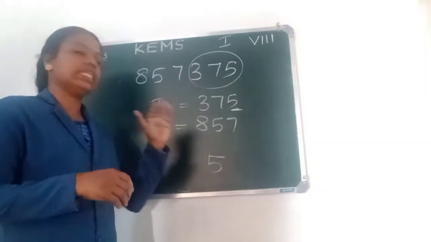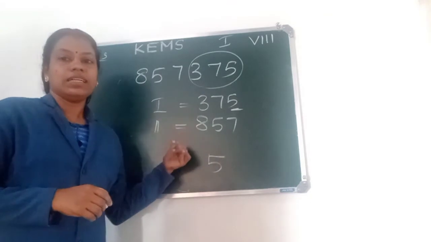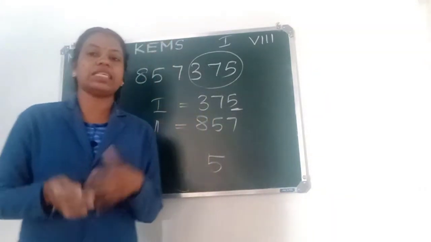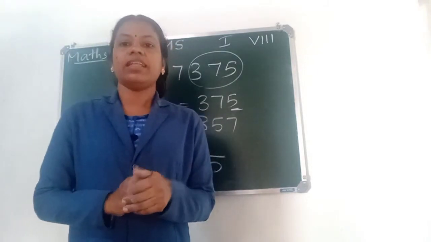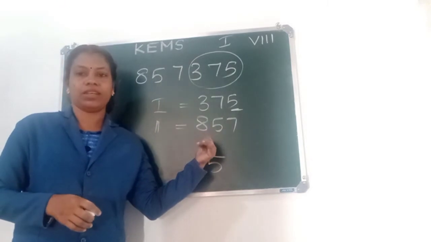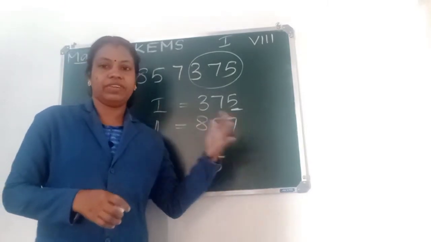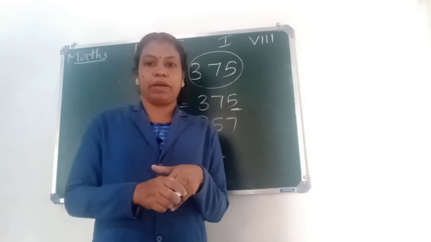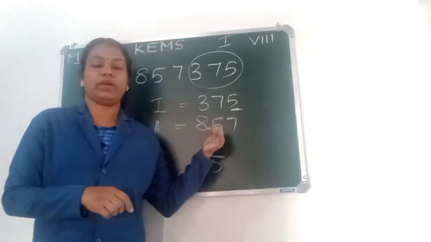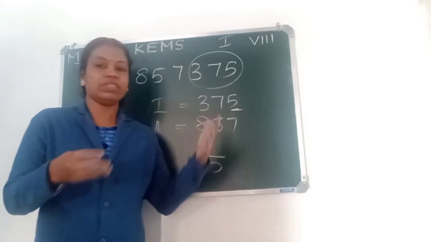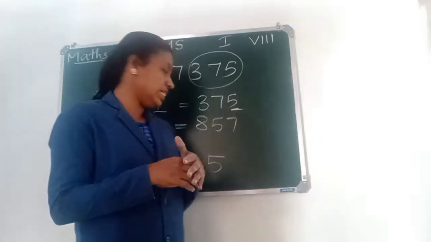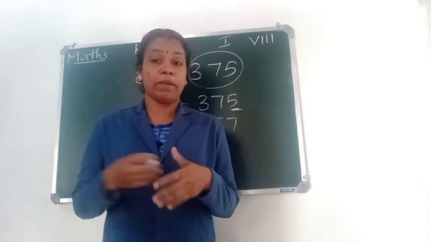Now take the second group, 857. Then take the nearest cube number of this number. Which is the nearest cube number?